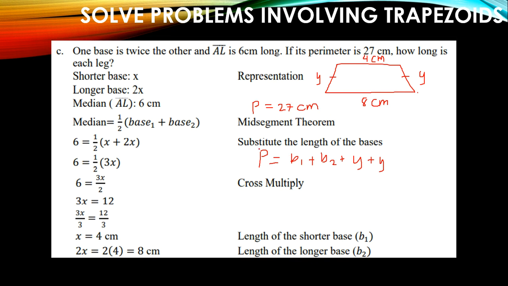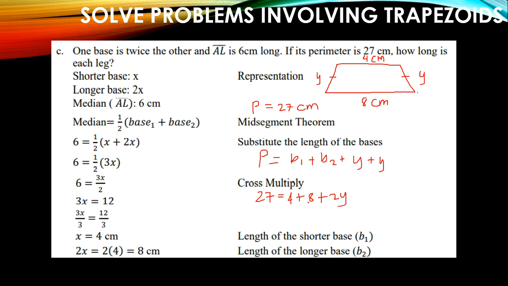Then substitute the given elements in the problem. We have P, which is 27, equals b sub 1, which is 4, then b sub 2 is 8, then we have no value for y, so it stays as it is. Then combine, since there are two y, so that is plus 2y.